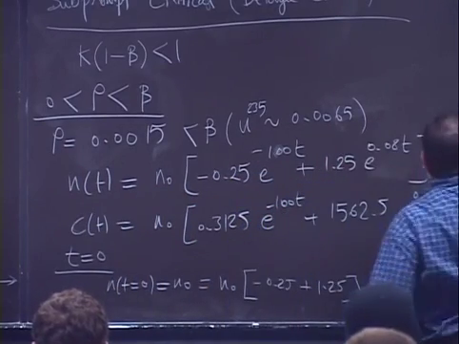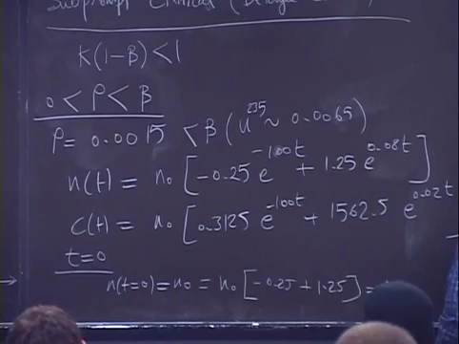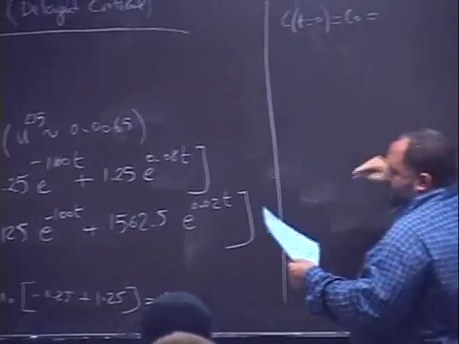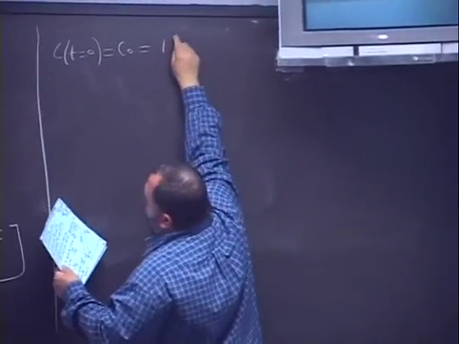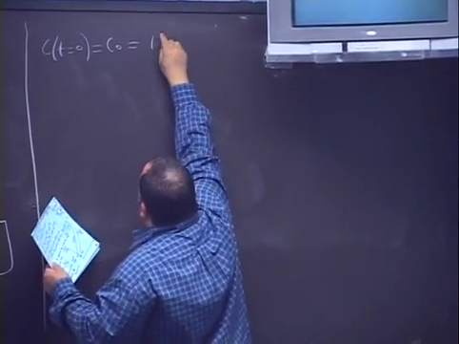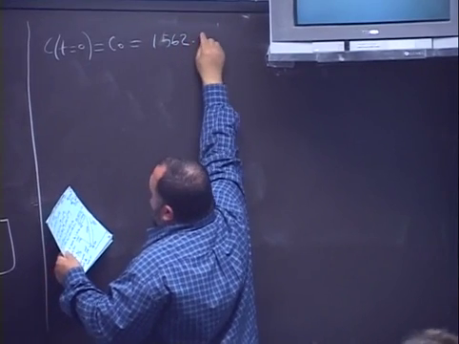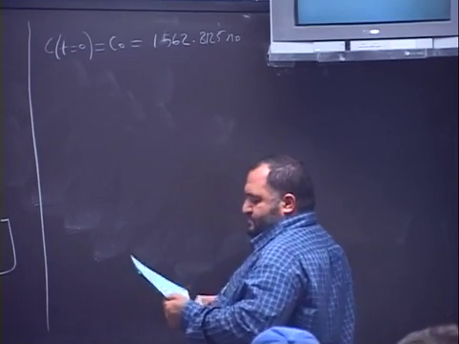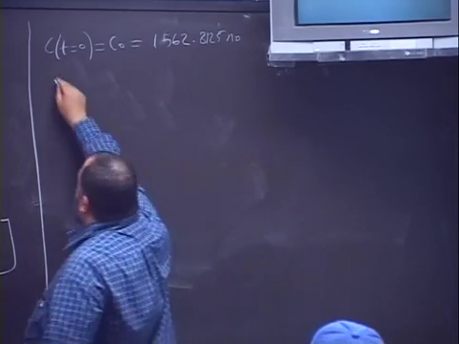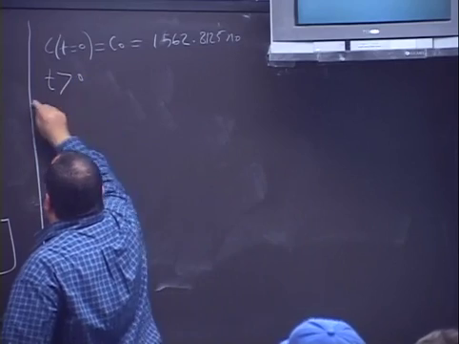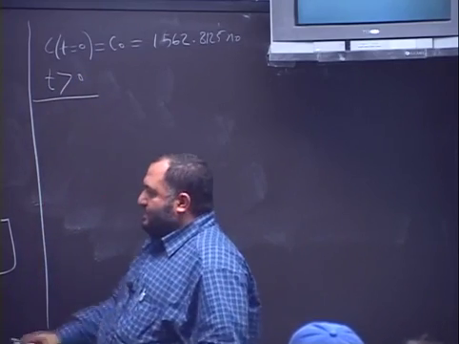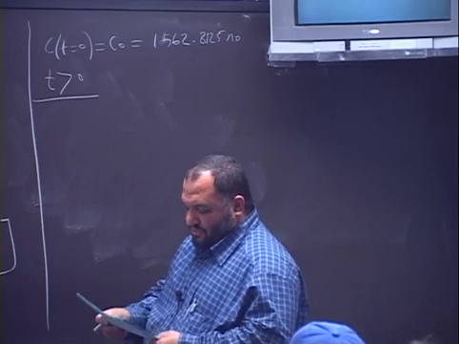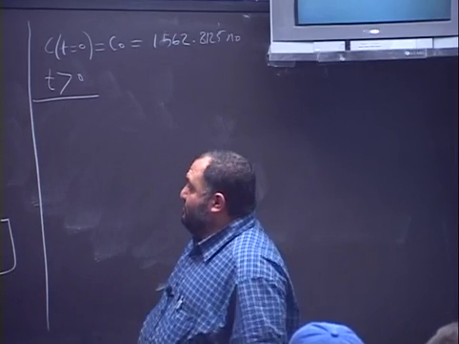And C of t at t equals 0 is just C naught, and if you calculate this, you will get 1562.8125 N naught. Okay, what if t is now greater than 0? Just at t equal to 0, you got N naught and C naught. At t greater than 0, what will happen?